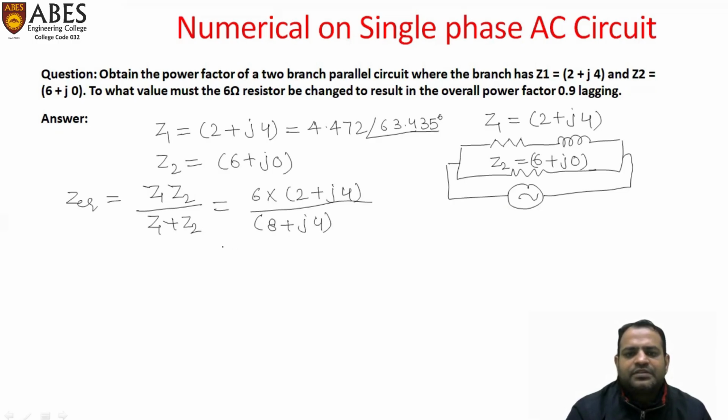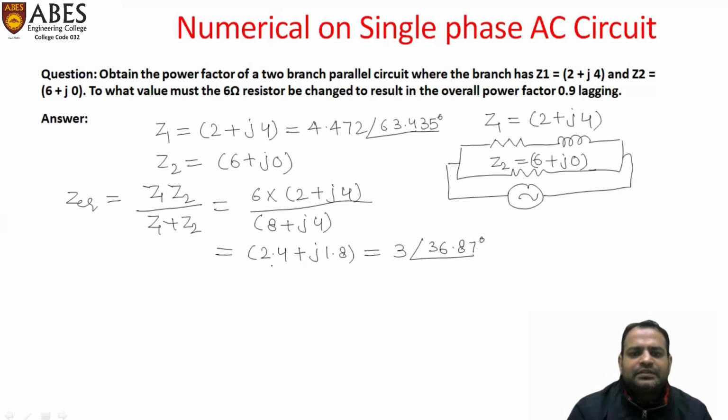So after solving it by using calculator, we will get 2.4 plus j times 1.8 in rectangular, and in polar form it is 3 angle 36.87 degree.